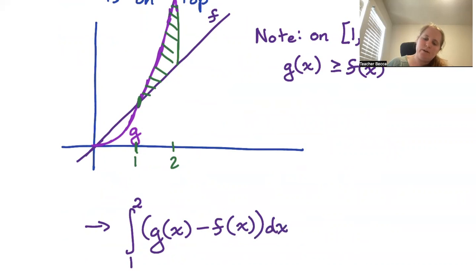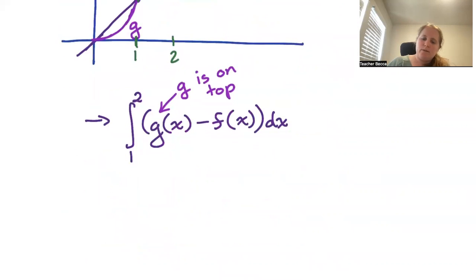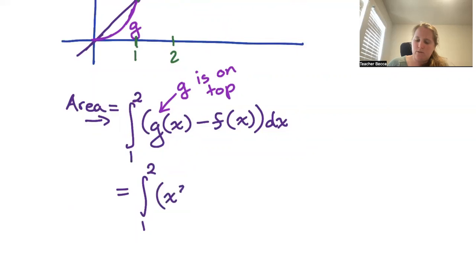So we do g of x first, since g is on top. So this is our area equation. Our area is this definite integral from 1 to 2 of g of x minus f of x. So our area is the integral from 1 to 2 of x squared minus x dx.